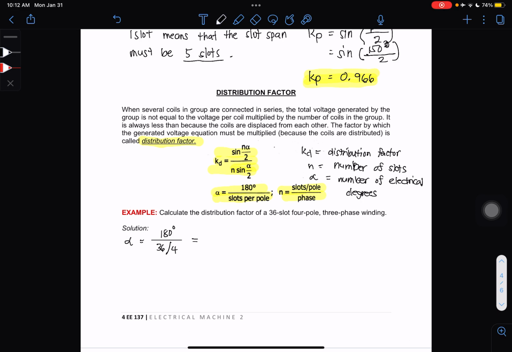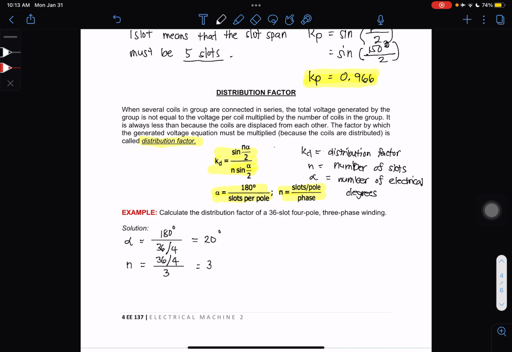So our number of electrical degrees is 20 degrees. For N, slots per pole, we have 36 over 4 divided by the 3 phase. So N will be 3.